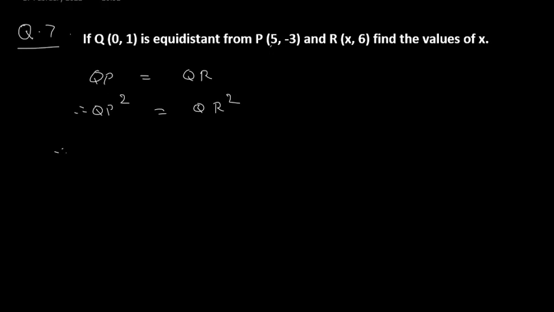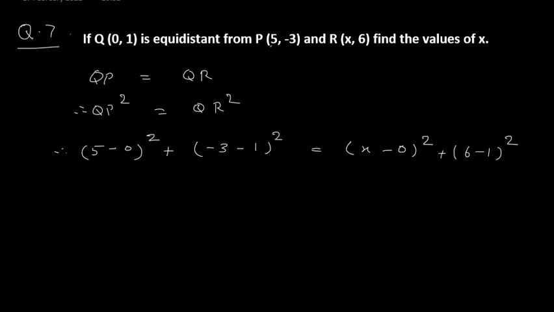Therefore the coordinate of P is (5, minus 3), so it is (5 minus 0) the whole square plus the y coordinate (minus 3 minus 1) the whole square is equal to QR square. QR is (x minus 0) the whole square plus (6 minus 1) the whole square.